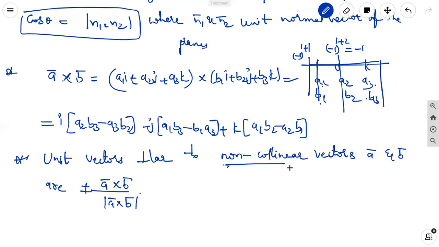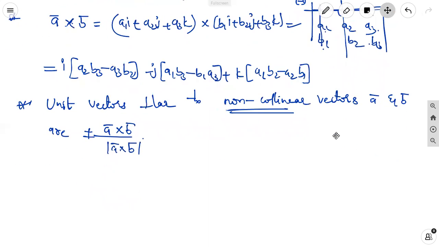This is the condition for the unit vectors perpendicular to the non-collinear vectors, that is, a cross b by modulus of a cross b.